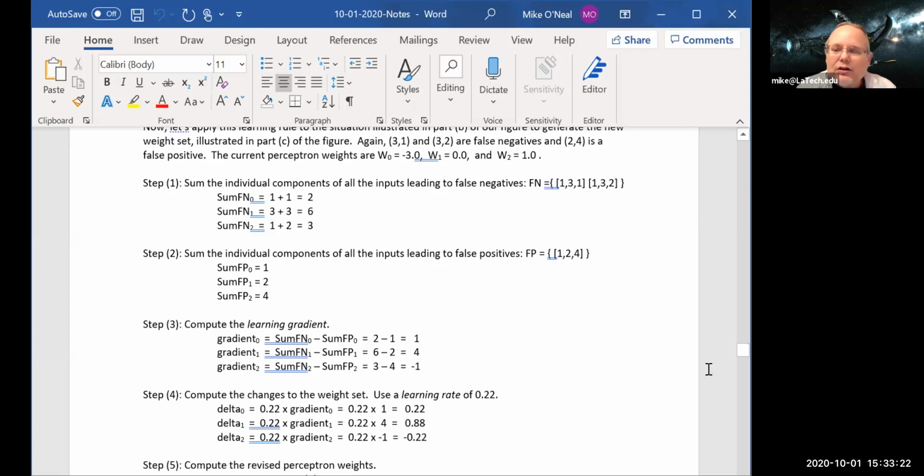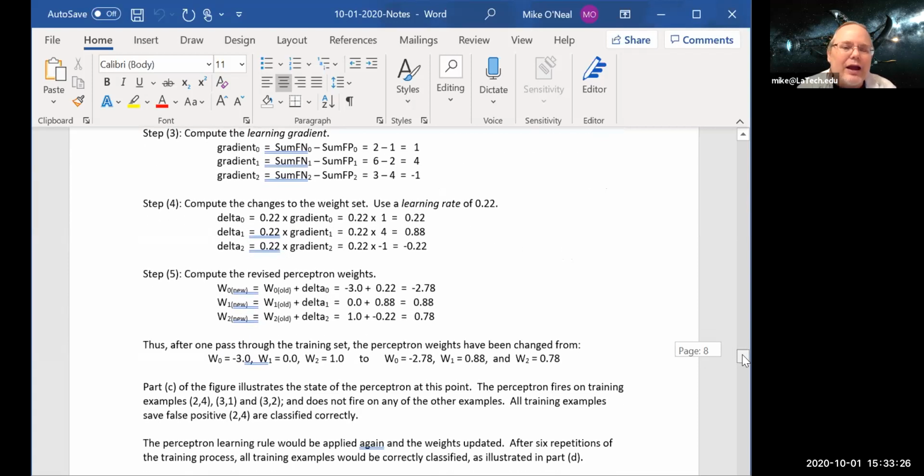That is your delta. You then add that delta to every weight. We only have 3 weights in this case. So the new weights are minus 2.78 for 0, 0.88 for 1, and 0.78 for 2.